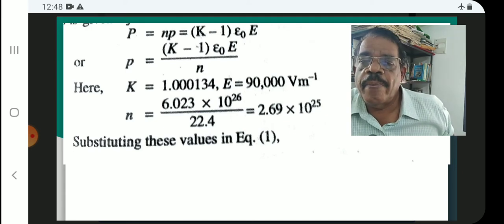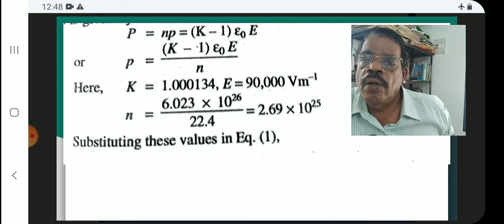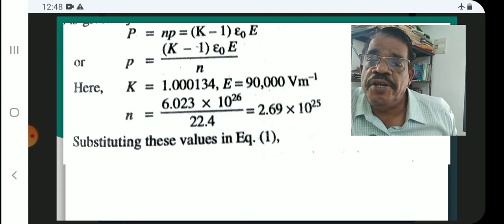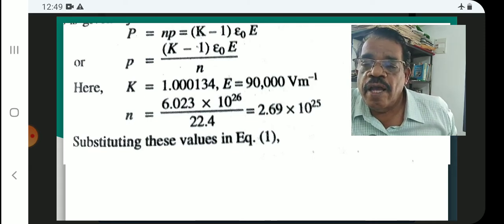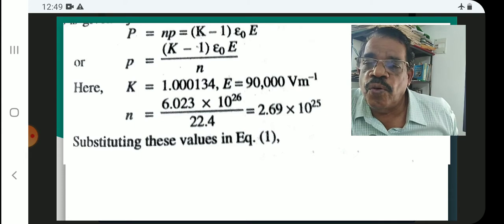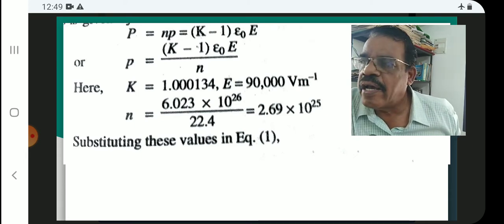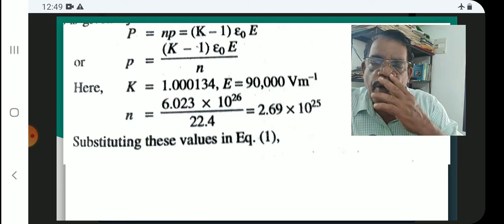Capital N is the number of atoms per mole. So we write Avogadro number by the molar volume, N by V, or it is N rho by M, another equation we have studied. Here rho by M, M by rho, is volume. Molar volume is coming below. So here we need only use the equation capital N by V, Avogadro number by molar volume.